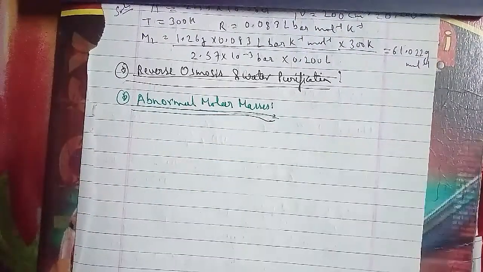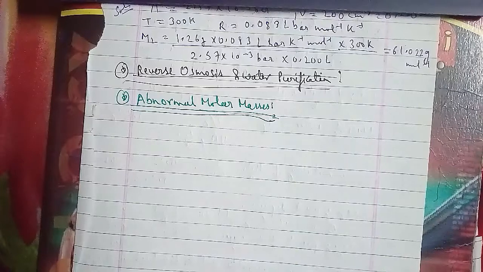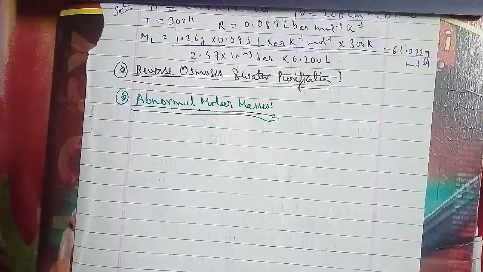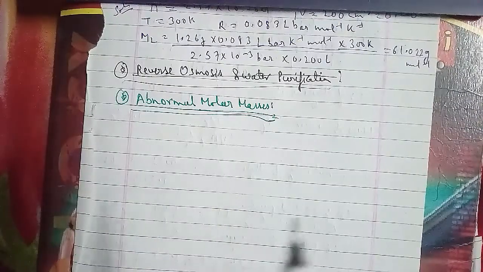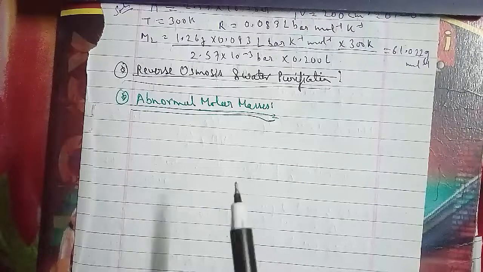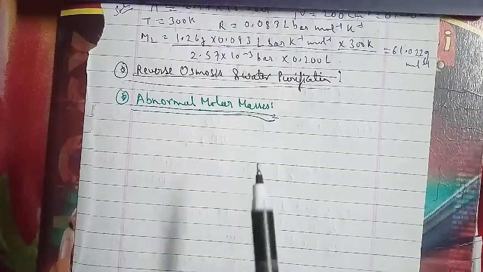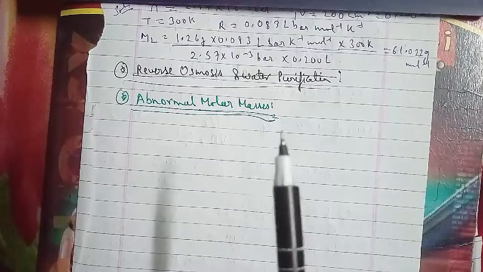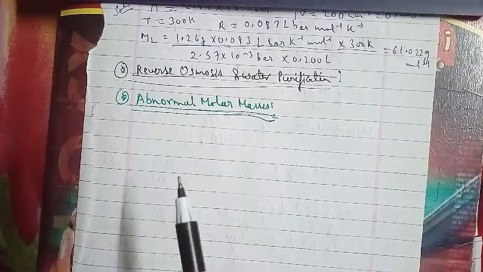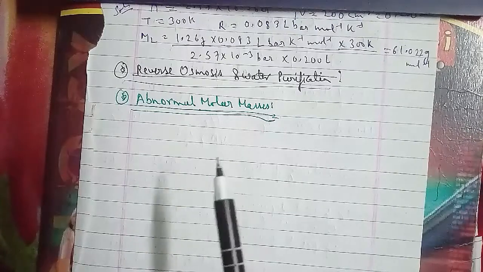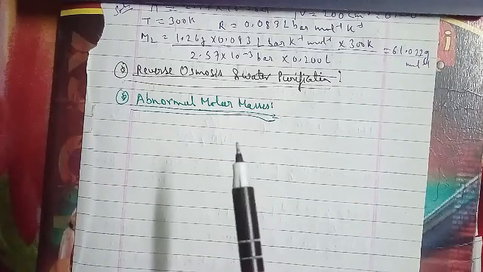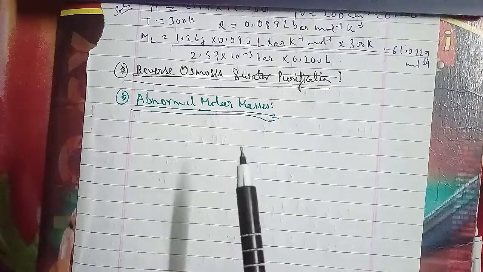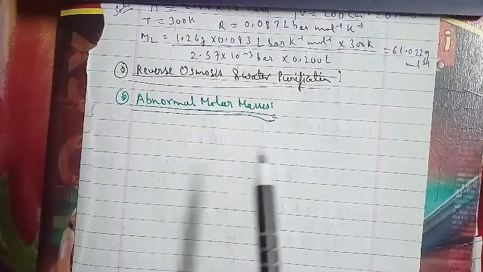Here we can see the equation for this: 2CH3COOH gives (CH3COOH)2. For this we have a structure as well, with HO, C double bonded O, CH3.